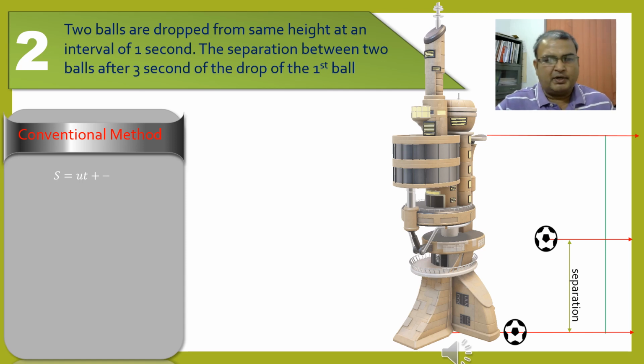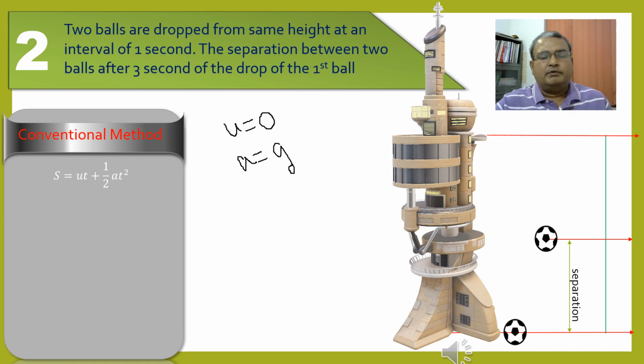Again, we are going to utilize the second equation of motion, s equal to ut plus half a t square. During the free fall, we know the initial velocity u equal to 0. And what about the acceleration? a is nothing but equal to g.